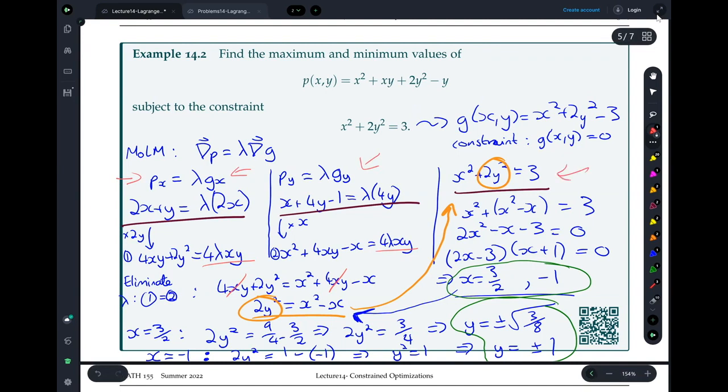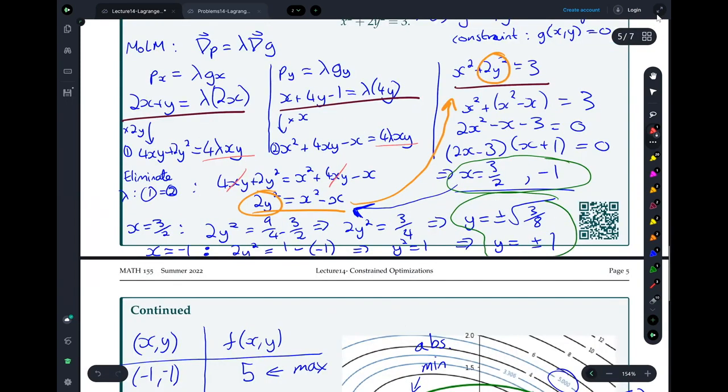And then we've got 3 unknowns. We've got our x and our y, which gives us the point at which our maximum or minimum occurs. And then we've got our lambda, which tells us what the scalar multiple is of our gradients, okay? So we can use these to solve for x and y. And that is essentially it.